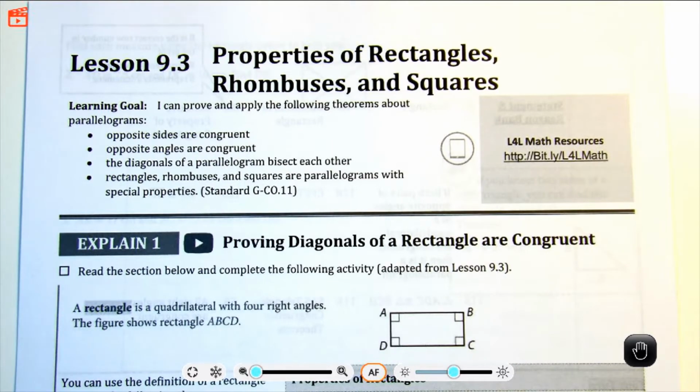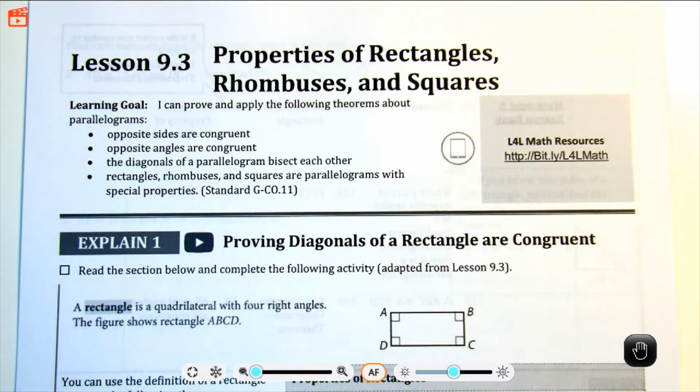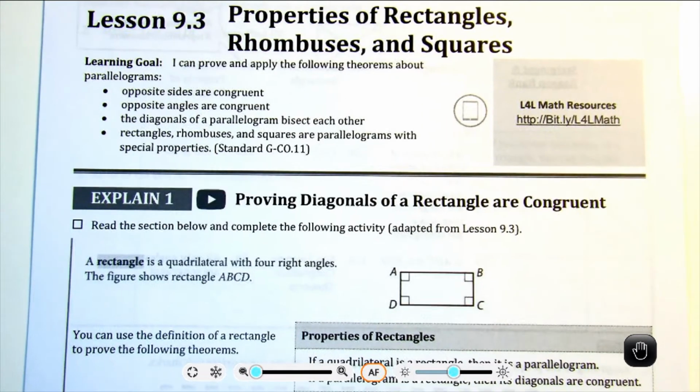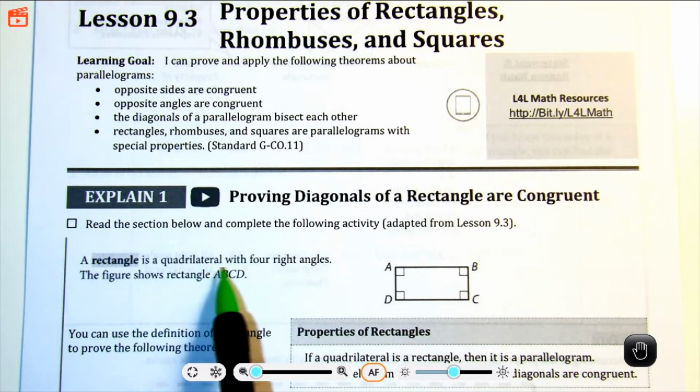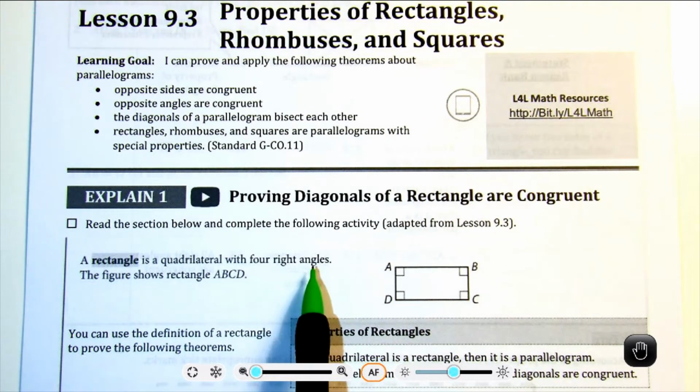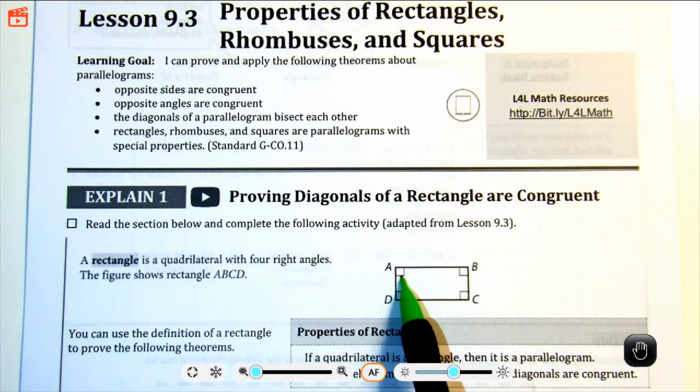If you look at the definition of a rectangle, it is a quadrilateral with 4 right angles. So you can see that there are 4 right angles in this quadrilateral. And then the properties of rectangles.